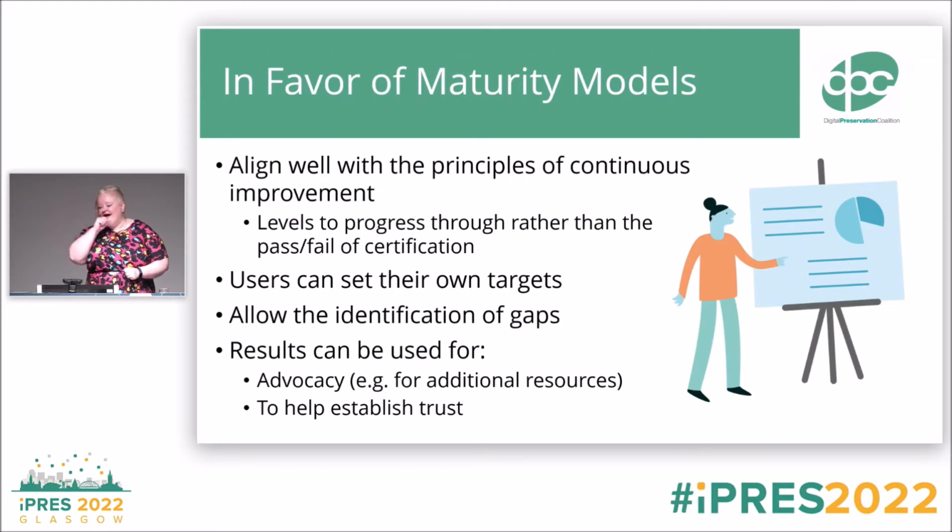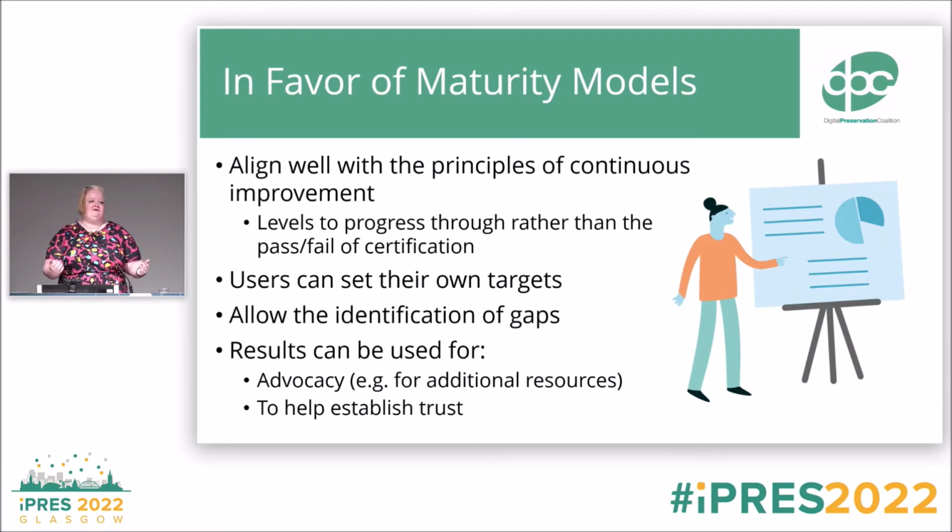And they do also align well with continuous improvement. So you're moving through levels of progress rather than that pass-fail of certification, setting your own targets, and also allowing the identification of gaps. So where are we quite mature here, and then we've discovered we're not quite as mature over here, so maybe that's where we need to put our resources.